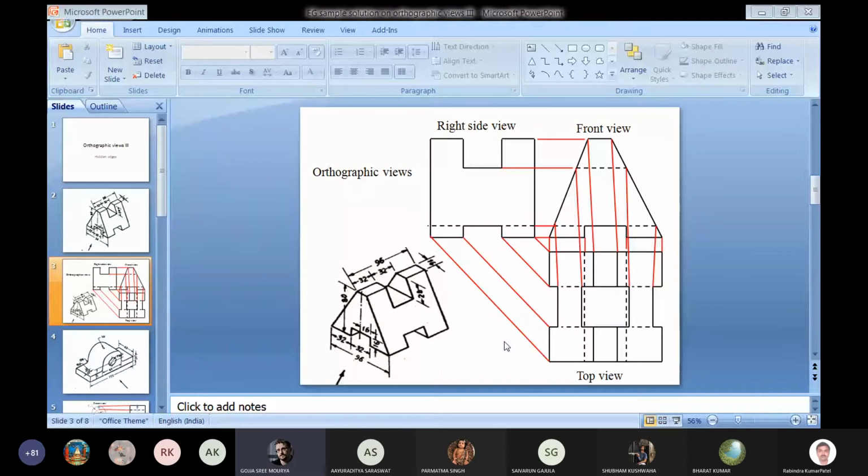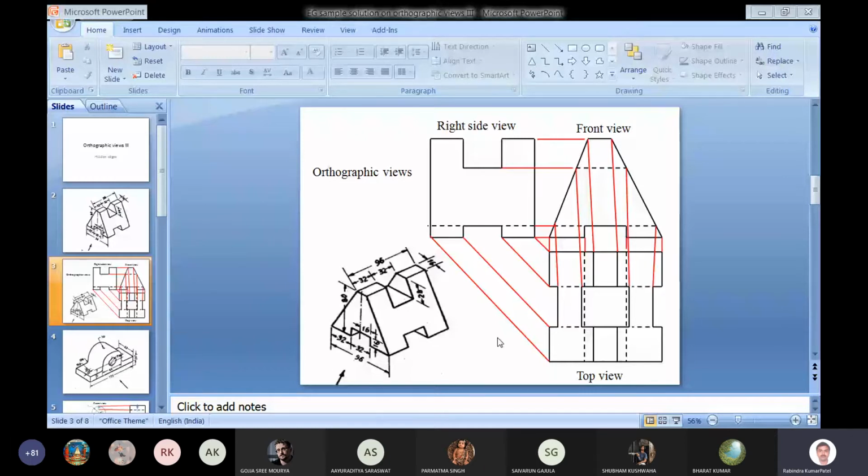When we see from right side view, yes. In the top view, we will not have any material here or edge. Edge is slightly inside after this boundary. Here we don't have any edge, so we will remove the edge here, means we will not put any line here.